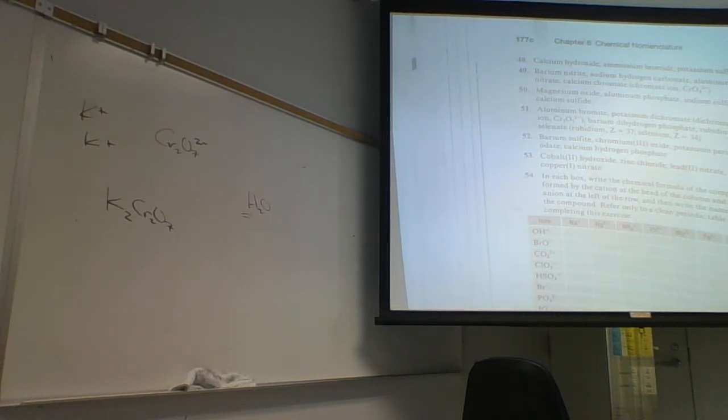Rubidium selenate. Selenium is right below sulfur, so we know what sulfate is, and selenate would be SeO4 2 minus.